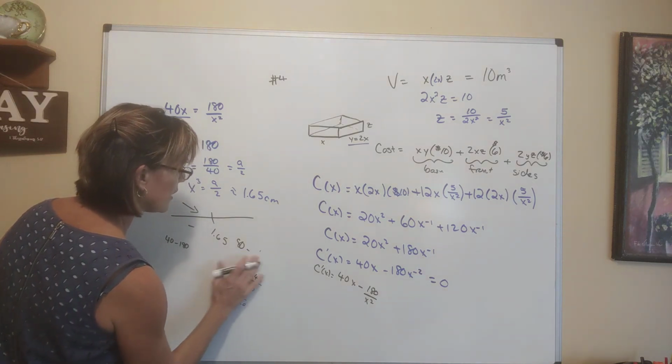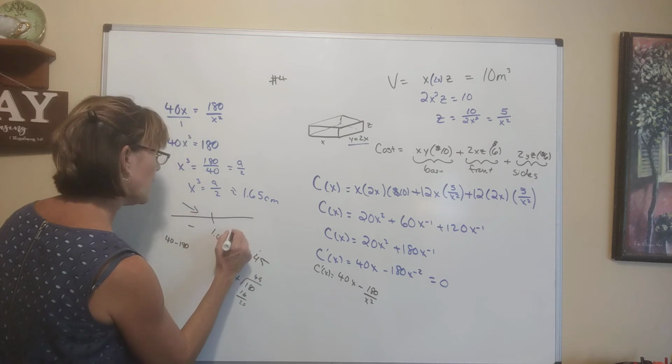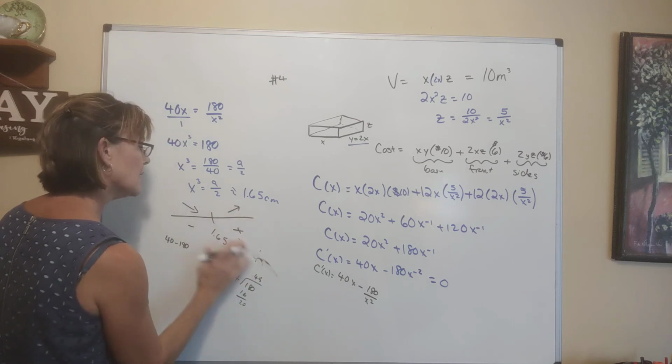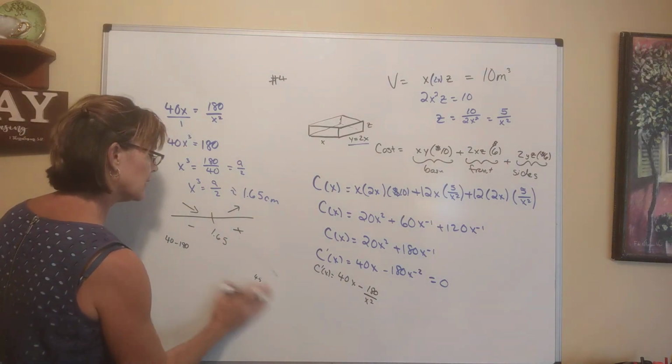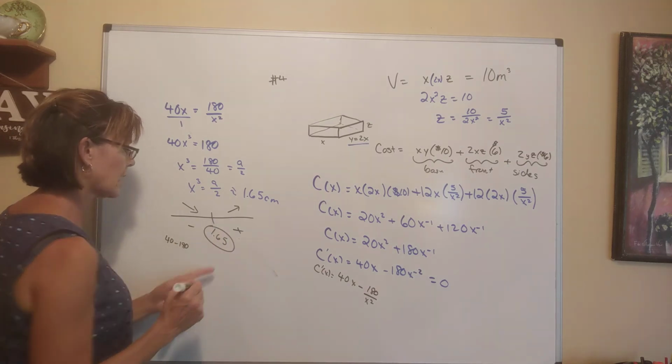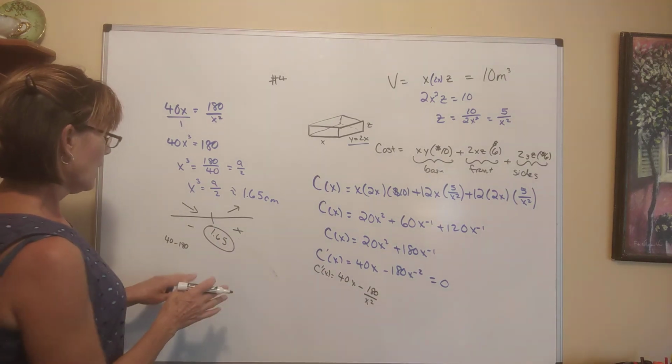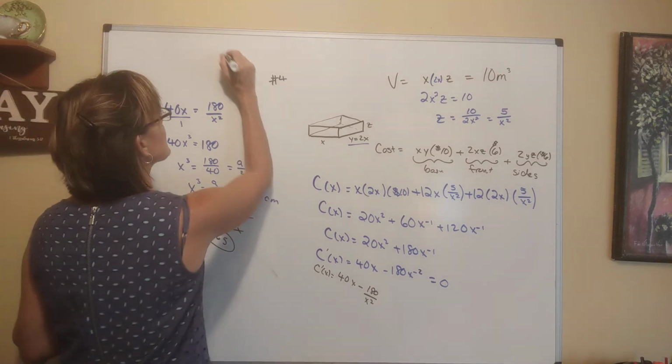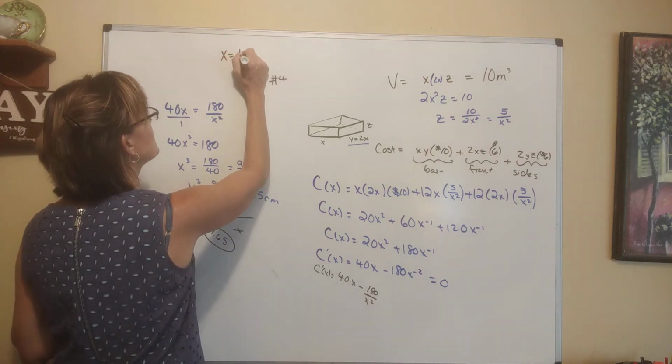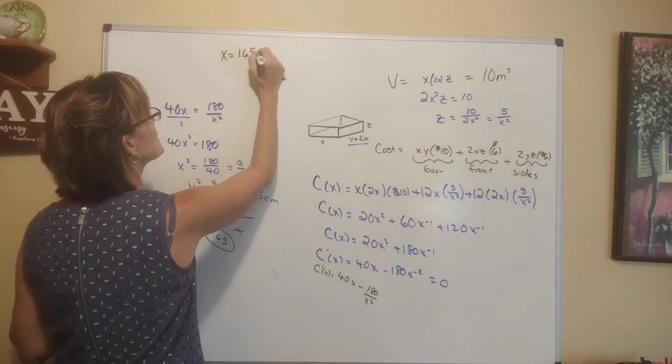This is minus 45. So this is a positive over here, so this is increasing. So this value right here gives us a minimum. That's nice. So that tells me that x for this situation should be 1.65 centimeters.